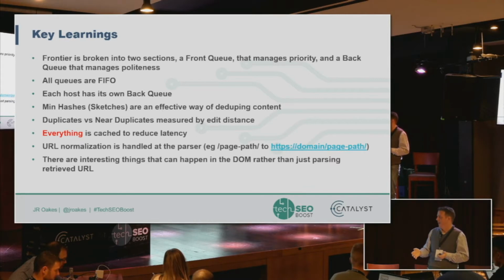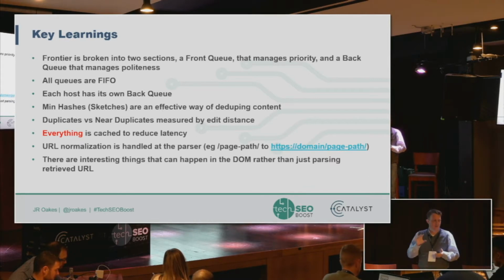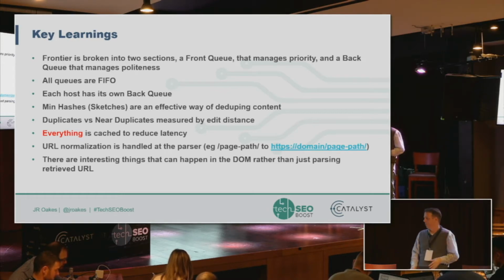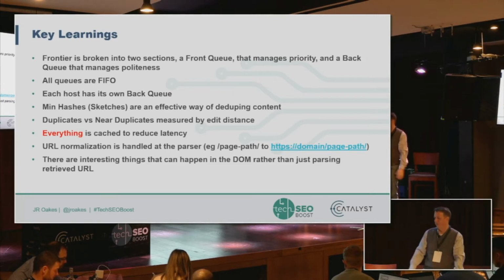They're respecting robots, respecting your crawl, and not hitting it and causing major 500 errors all over the place. All queues are first in, first out. Each host has its own back queue, which is kind of cool, that your site has its own little special niche host of politeness on Google.